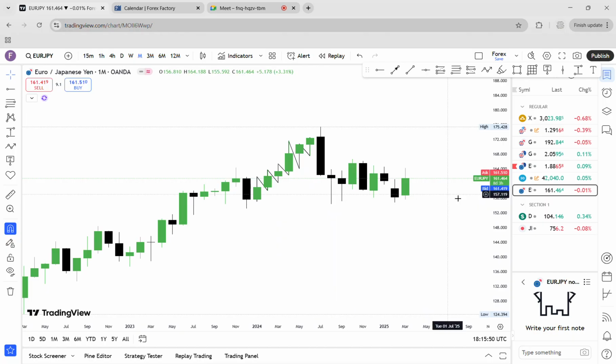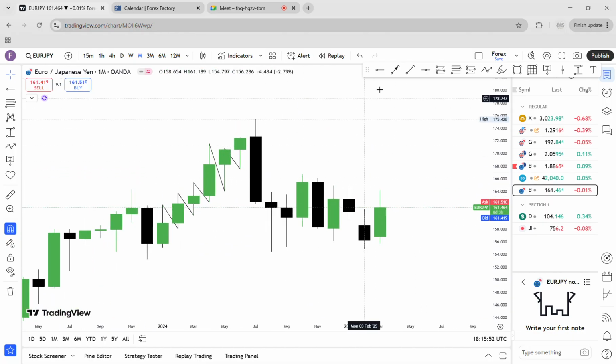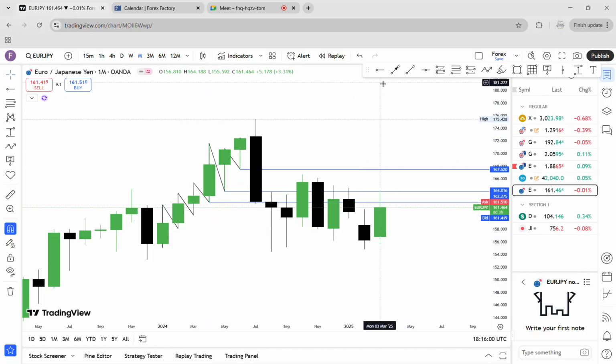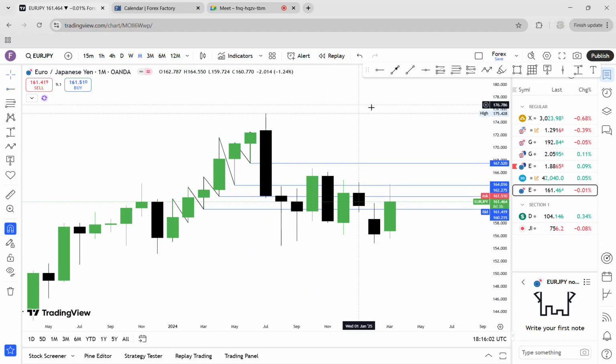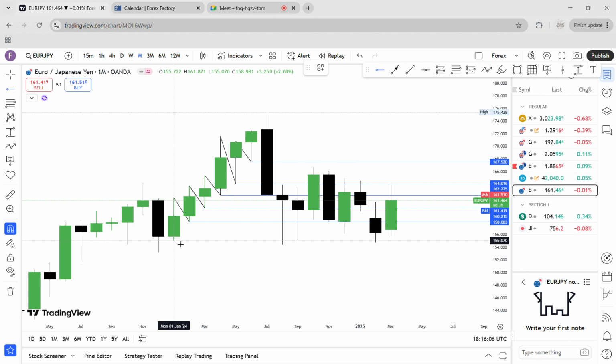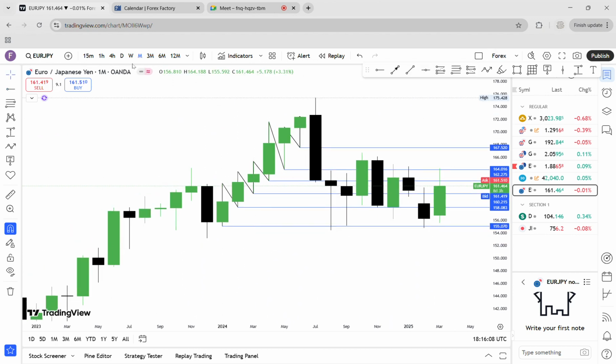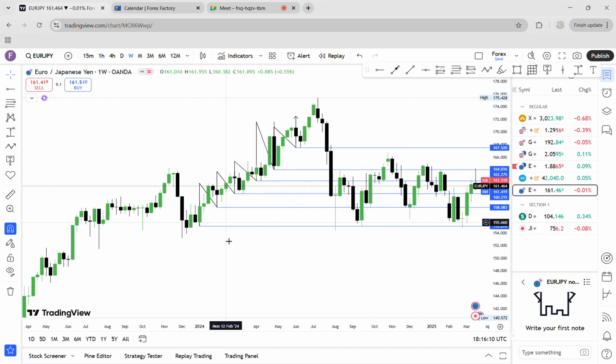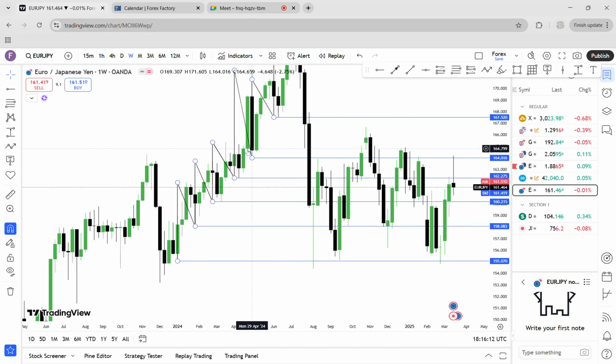That's why you always look for how the candle closes. If the body of the candle closes below the low, then it's a sign that probably we are changing direction. And if you go to the weekly time frame, you can see every line that I marked out.